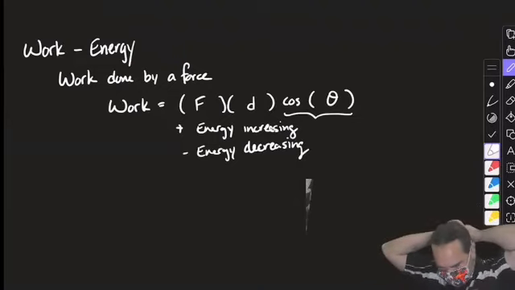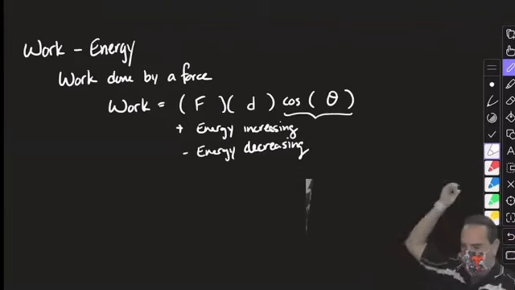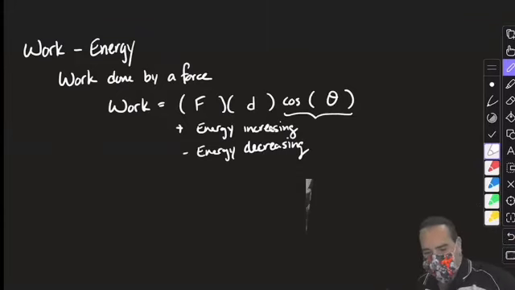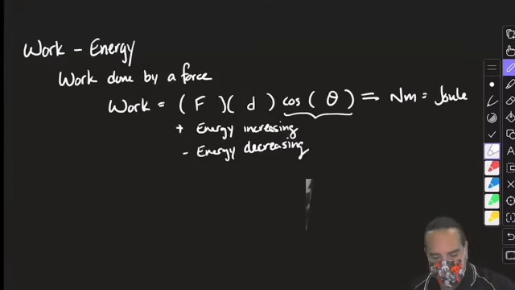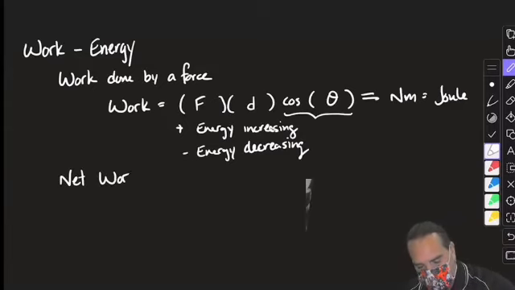So when calculating work from a single force, I want to remind you that there are those three buckets. And this gives us something that is in newton meters, which we're going to call a joule. Then we talked about the concept of net work, where we add all the work together.